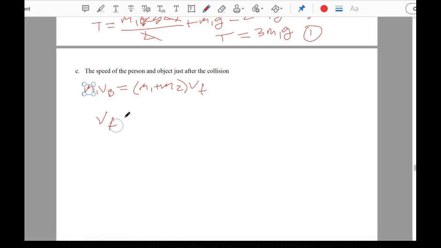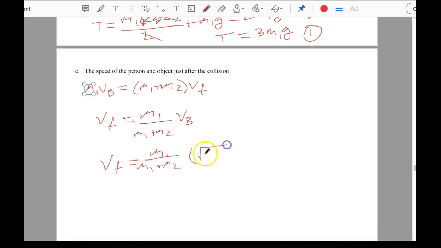So our final velocity is equal to m1 over m1 plus m2, that's the total mass, times the velocity of B. But earlier we said that our velocity of B is the square root of 2gl, so final velocity is equal to m1 over m1 plus m2, multiplied by the square root of 2gl, because that is what velocity is.